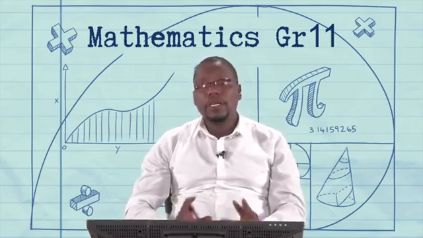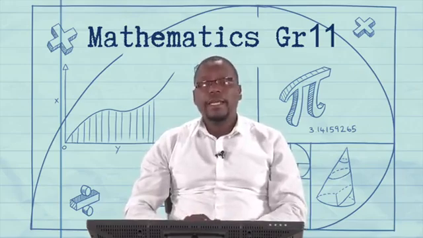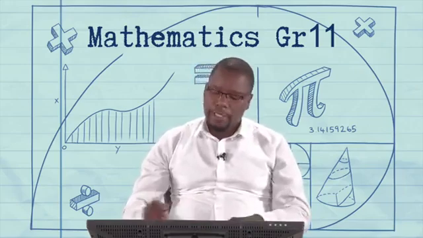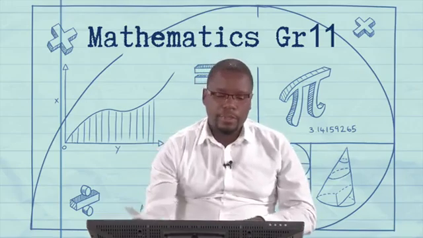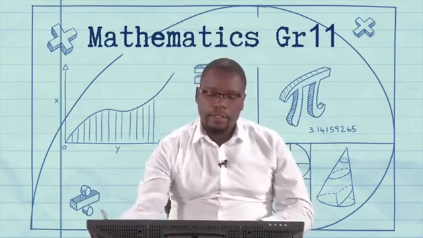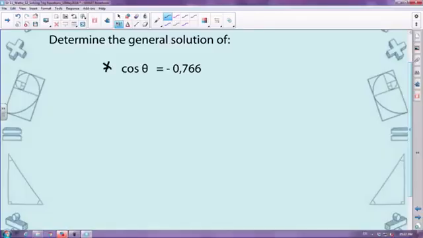I've been talking about this general solution and whatnot. And I just want to give an example. This you take down, okay? Determine the general solution of cos of negative 0.766. Take it down for now.